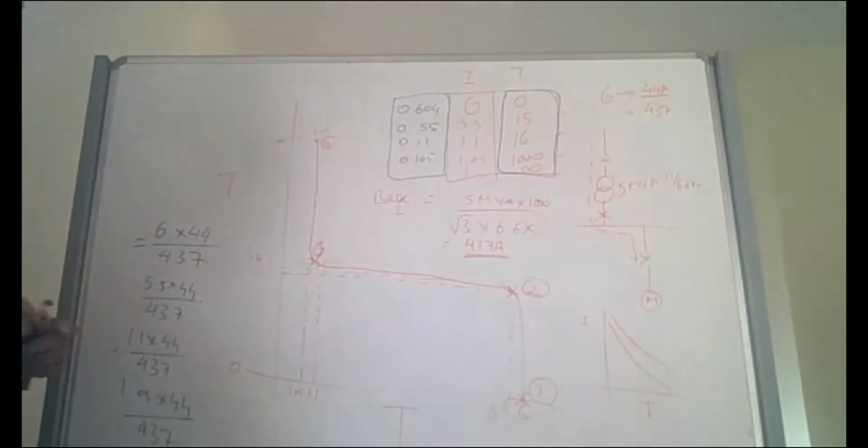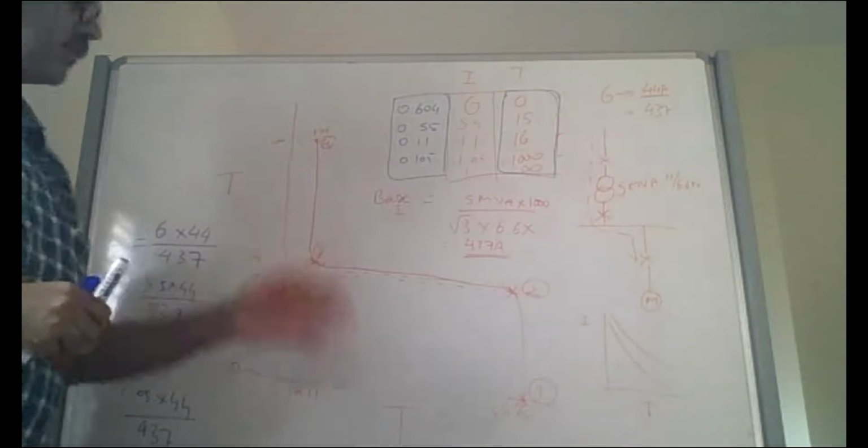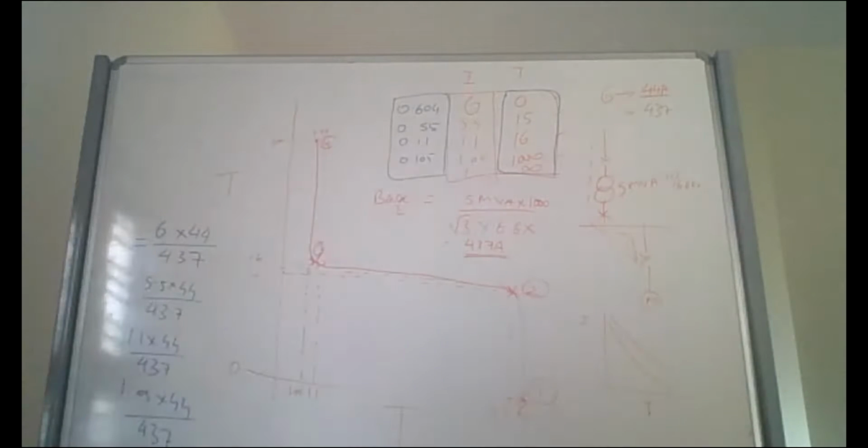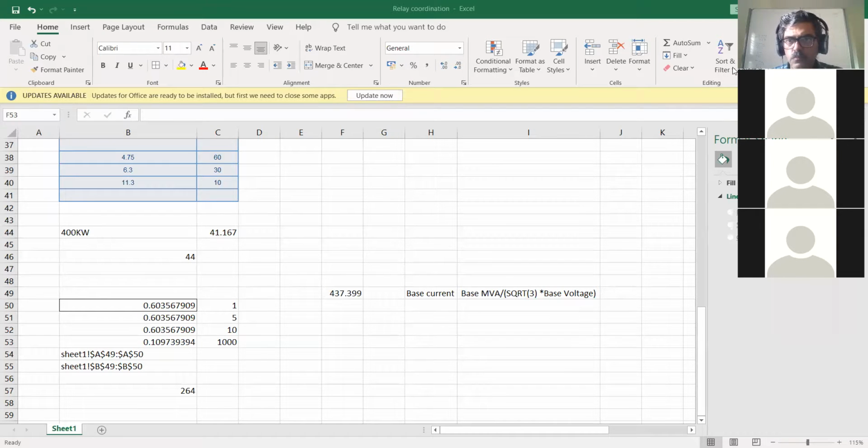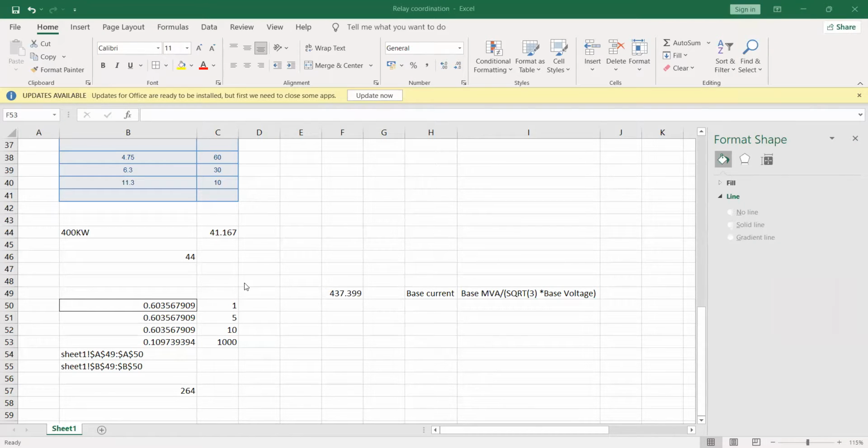Basically, first I do the curve fitting. After doing the curve fitting, I also have to do a change of base. Okay, let me plot. 0.604 is for, let's say, 0.